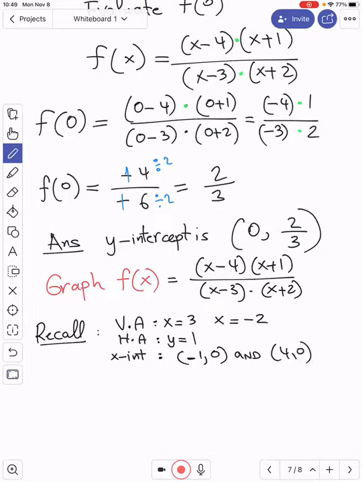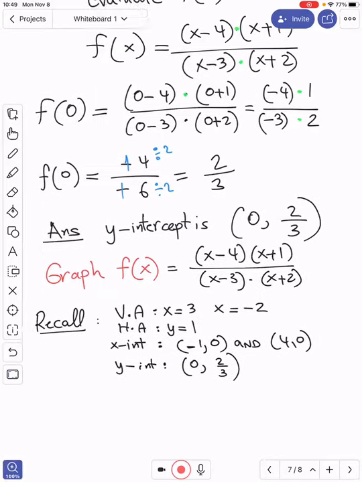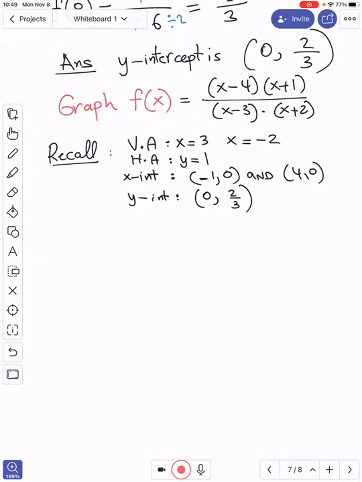And finally, for the y-intercept, we got (0, 2/3). Now let me show you how to use this information to graph f. As I said, sometimes it's tricky to graph those rational functions. So let's see.